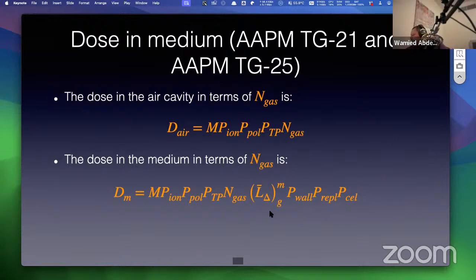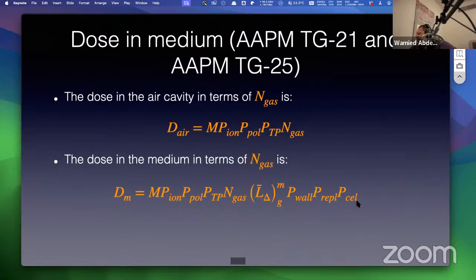Looking at this equation, we find that N-gas is a factor that depends on the chamber only. It does not depend on the radiation beam. The ratio of restricted stopping powers depends on the radiation beam. It does not depend on the chamber.